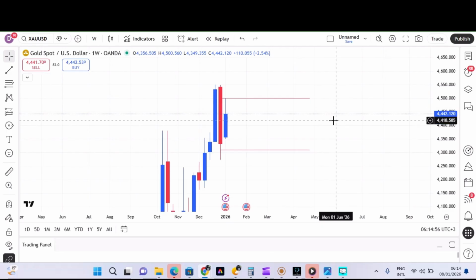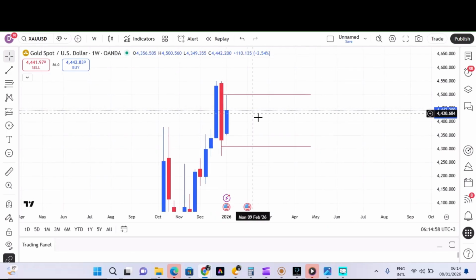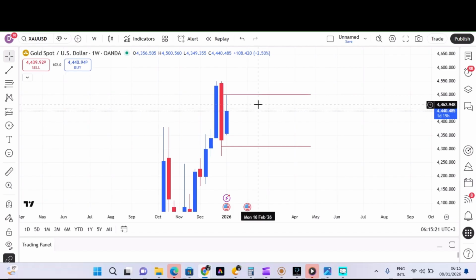Now, on the weekly time frame, on the current week, we still have a bullish trend and a retracement or a pullback, whatever you want to call it. The market price moved, rejected at nearly 45, pulled back, and is trading at 44.40.